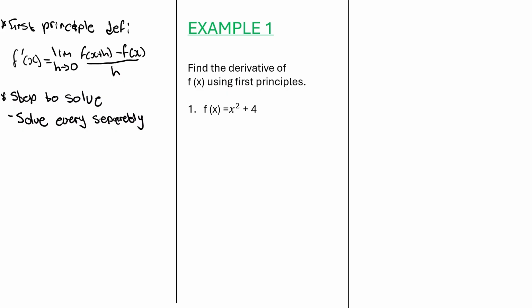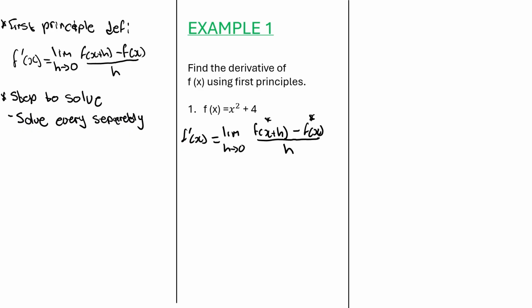Your definition says f prime of x, or the derivative of x, is equal to the limit as h approaches 0 of f of x plus h minus f of x, all divided by h. What I'm trying to say is solve f of x plus h apart and also f of x apart.